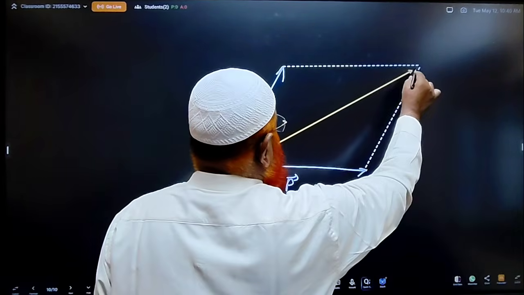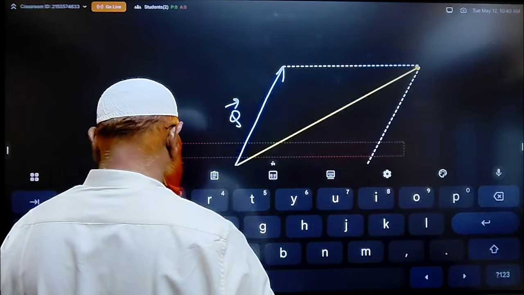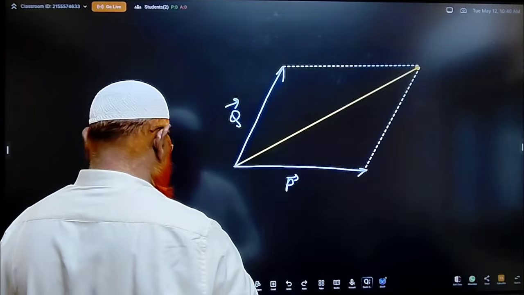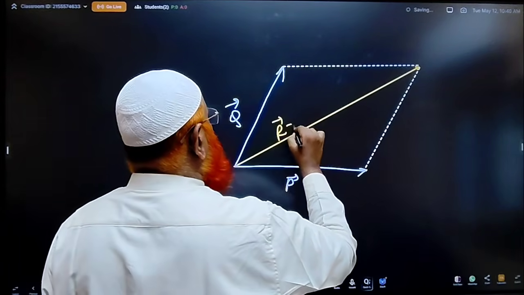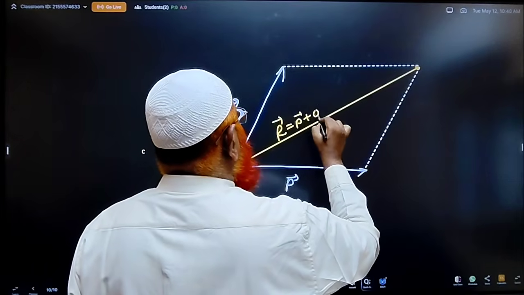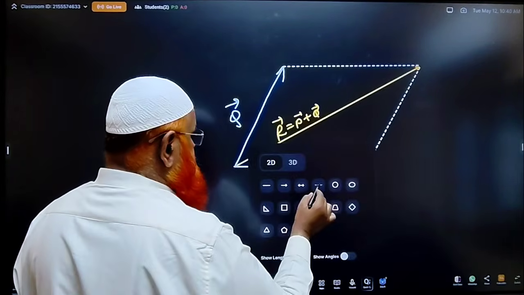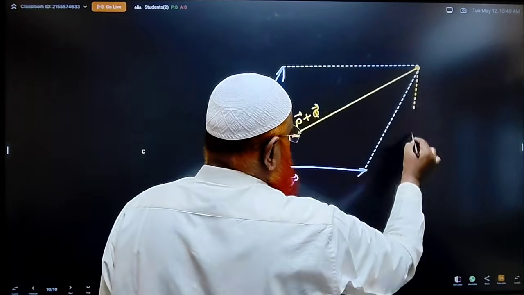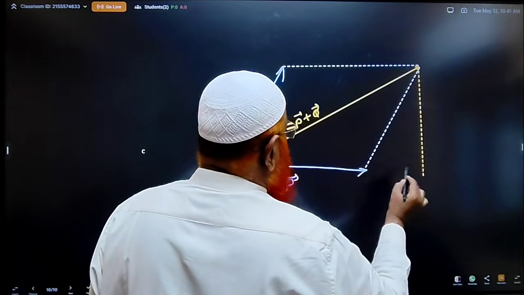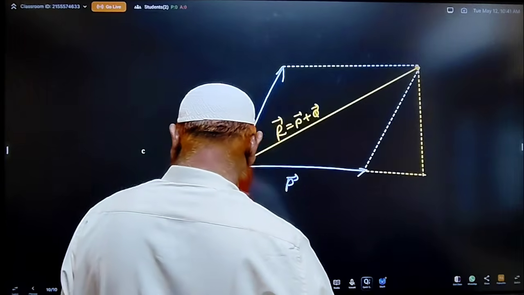This is going to be the resultant, which is called P bar plus Q bar. But how are you going to get that resultant? The same thing you will do. You will drop one perpendicular here, and you will extend it like this.